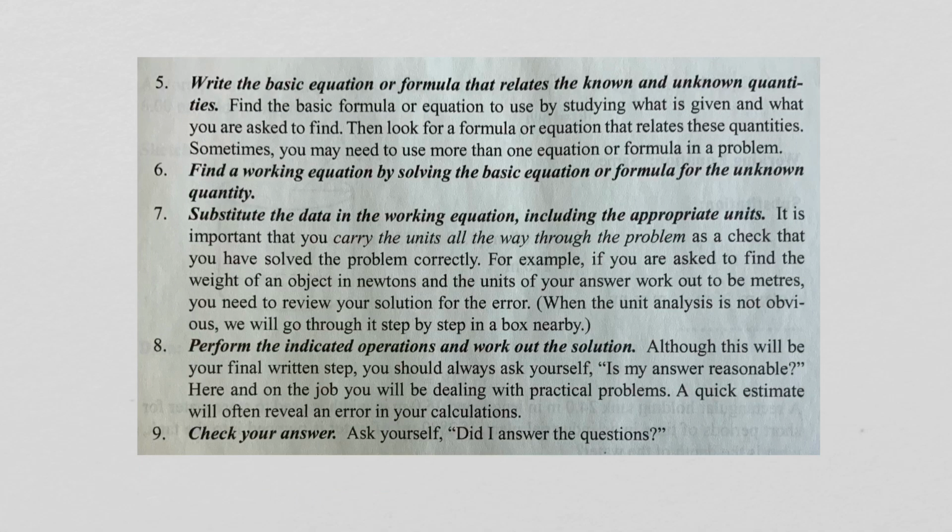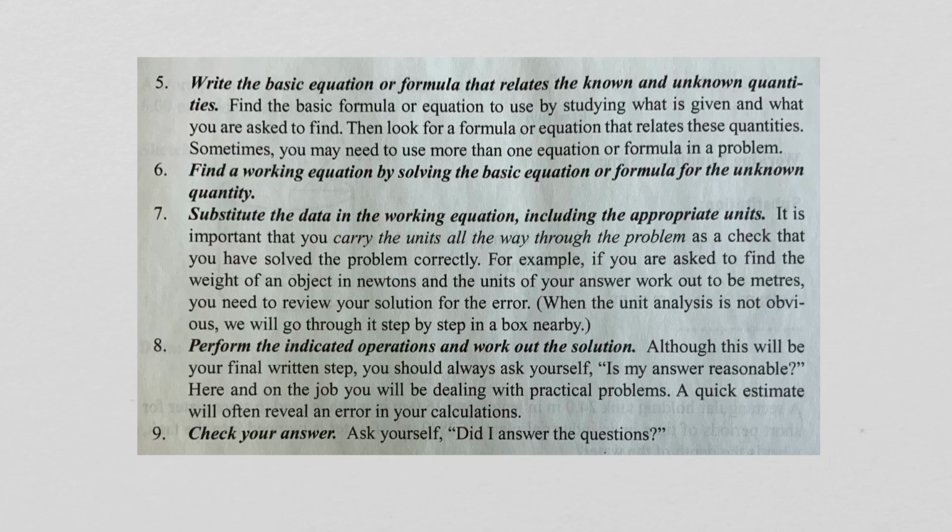Step number 5 is to write the basic equation or formula that relates the known and unknown quantities. So in your formula sheet, you will find the basic formula or equation to be used. And how do you find out what that equation is? Well, by looking at your list of known and unknown quantities.